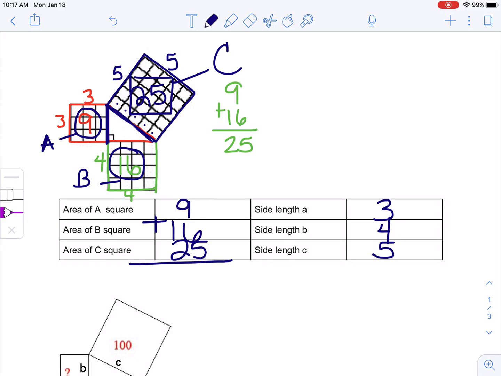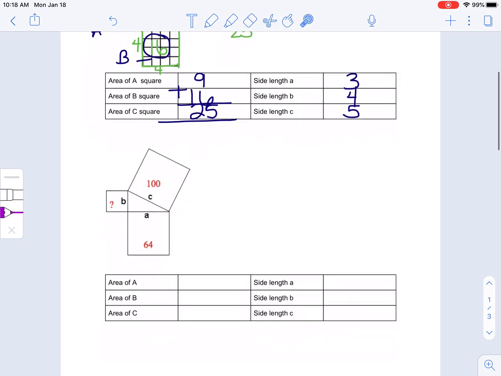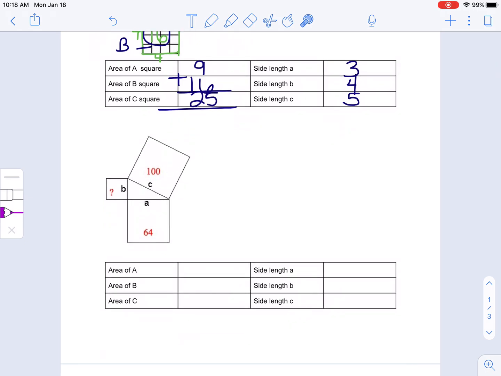Notice that you can only add the areas, 9 plus 16 is 25, but you can't do that with the side lengths. So 3 plus 4 doesn't equal 5. But these would be the side lengths of this right triangle: 3, 4, and then this is 5. So we can use the Pythagorean theorem to find the areas or side lengths in a right triangle.